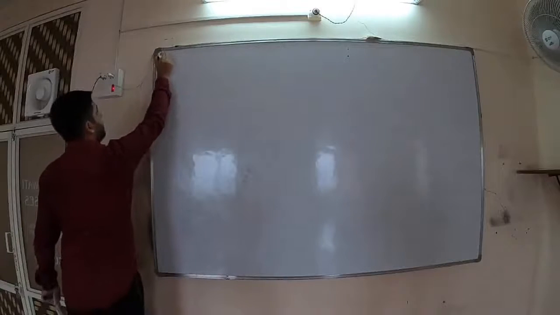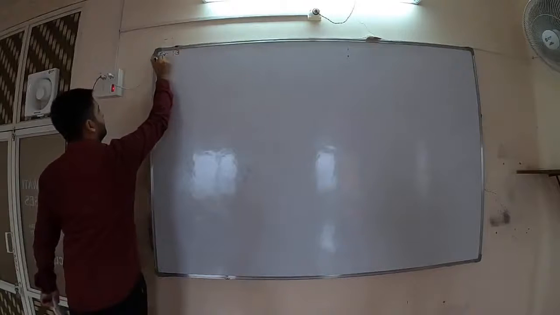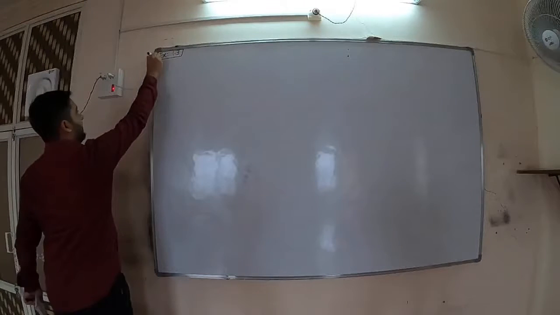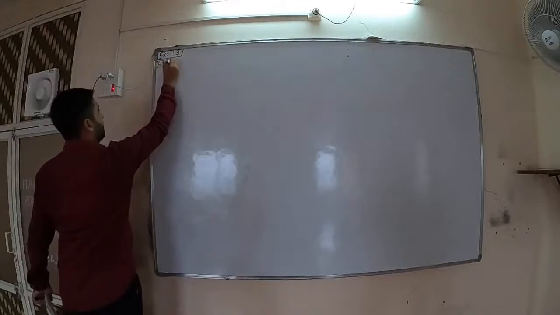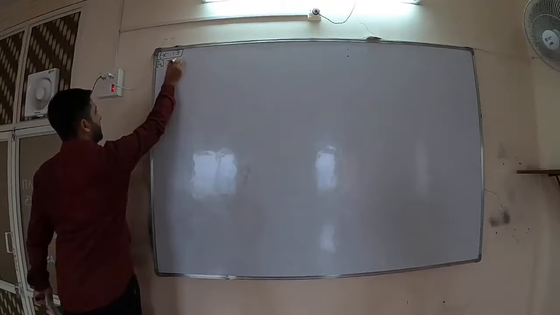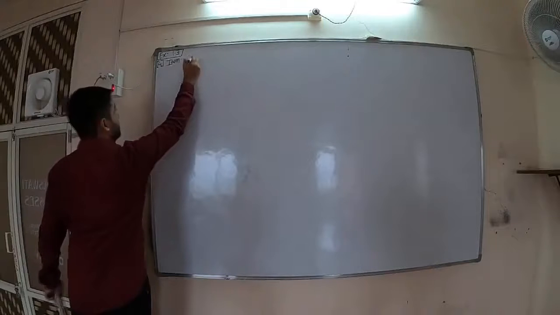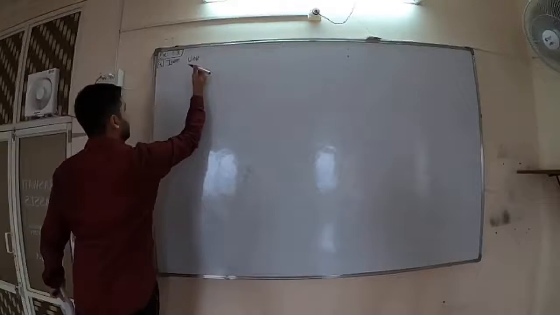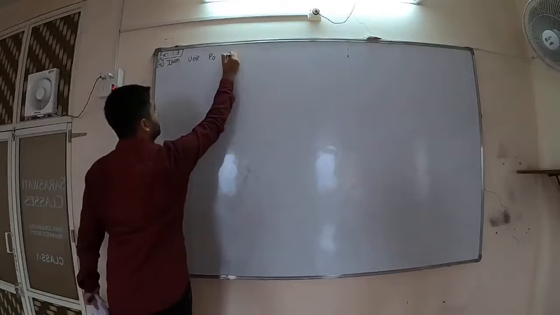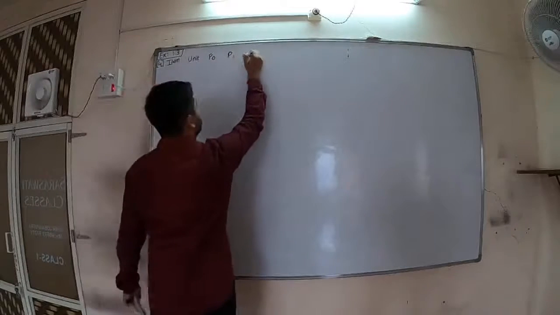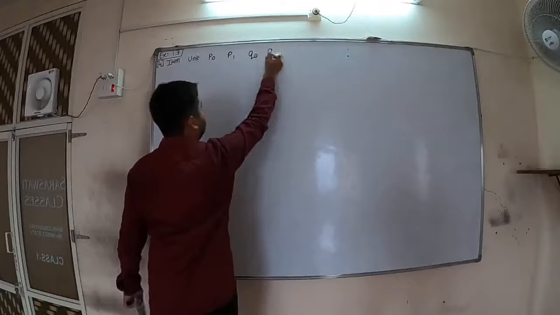Now this is exercise 1.3, and in that we are solving sum number 4. First column is item, second column is unit, next column is P0, next is P1, next is Q0, and finally Q1.